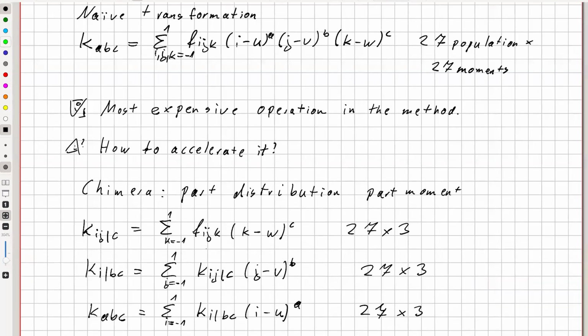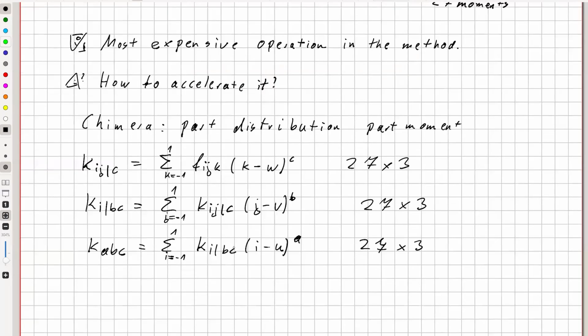First of all, you notice that the number of operations used to be 27 times 27, so it appears to be 3 times less.